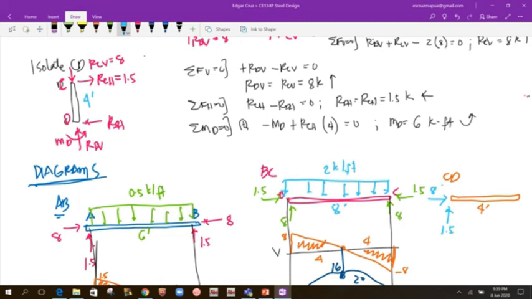Tapos, may moment tayo na counterclockwise, which is 6. Tapos, sa kabilang dulo naman, sa point D, meron tayong pababa na 1.5. Tapos may kaliwa tayo na 8. Okay, so walang moment, tas wala tayong load.